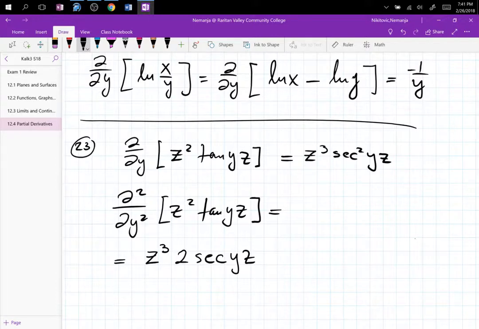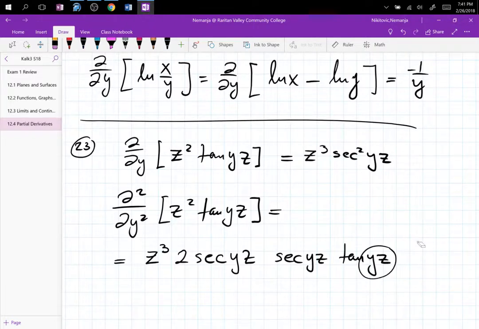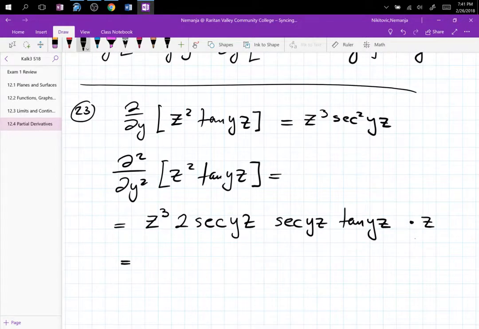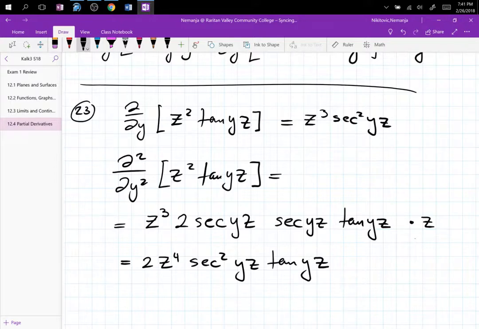Then I have to take the derivative of the secant yz, which is the secant yz tangent yz, and then I have to take the derivative of the inside, which is z. So what do I have? I have 2z to the 4 secant squared yz tangent yz.